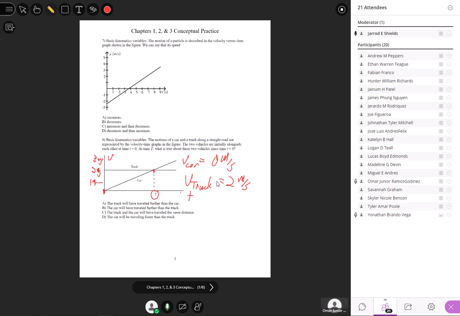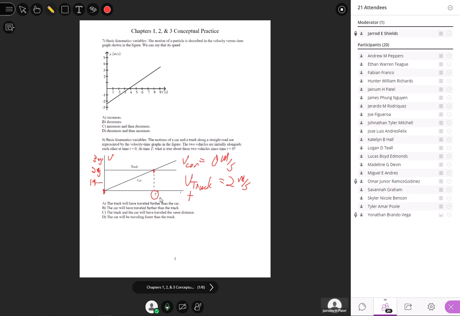The car, however, its velocity is doing what over the time interval? Increasing. Increasing, absolutely. So which one of these will travel farther at time t? The truck. Very good, the truck, because the truck has a constant velocity.